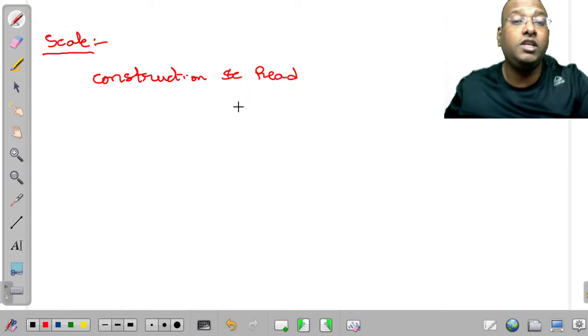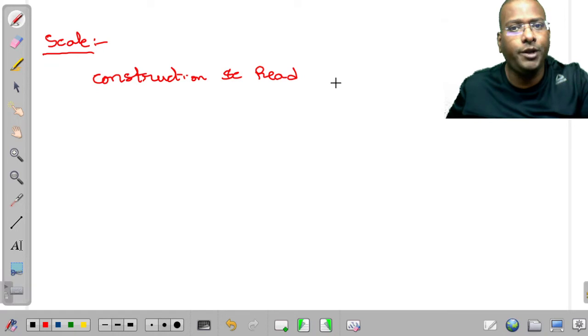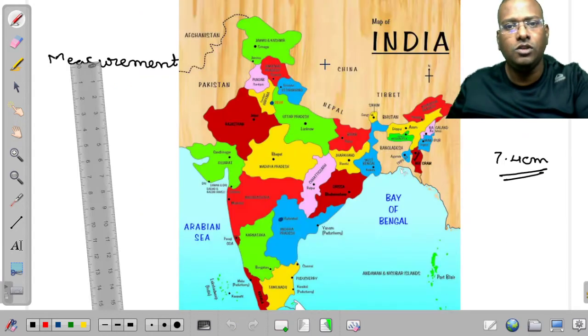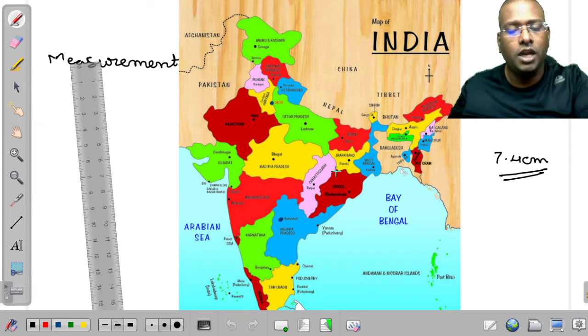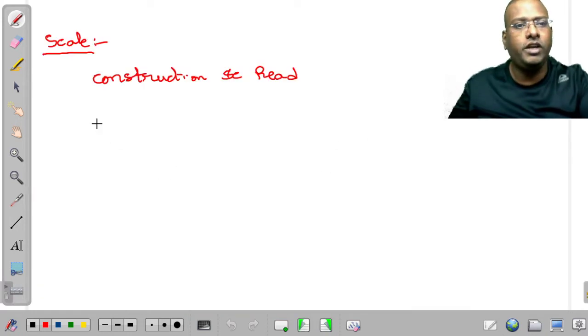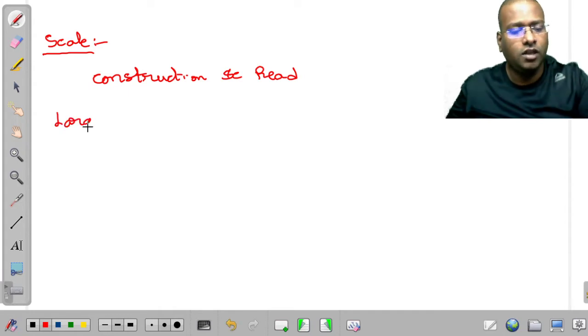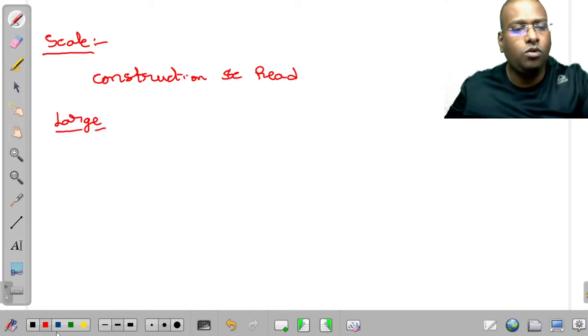Okay sir, which type of things is it? A normal scale is not going to be useful when the size of the object is very huge, which is not going to fit into a drawing sheet. For example, just now we observed, the India map is not possible to fit into an A4 sheet. So that's why we reduce the dimensions. Whenever a huge or large object is present, we have to reduce the dimensions.